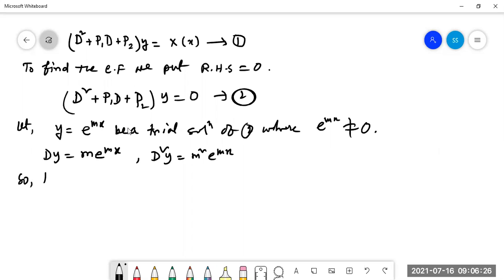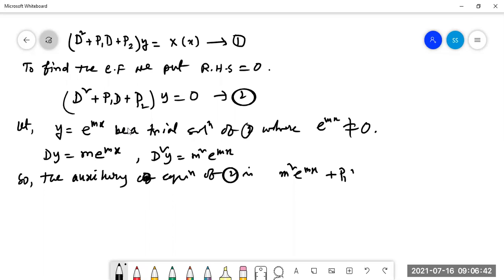So the auxiliary equation of 2 is m² e^(mx) + P1 m e^(mx) + P2 e^(mx) = 0.